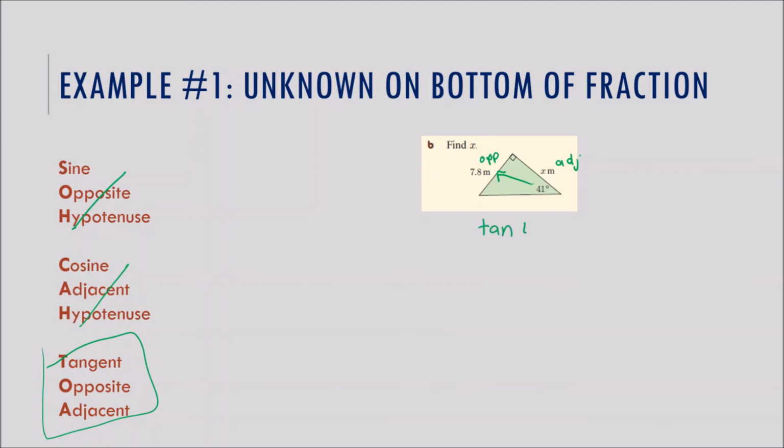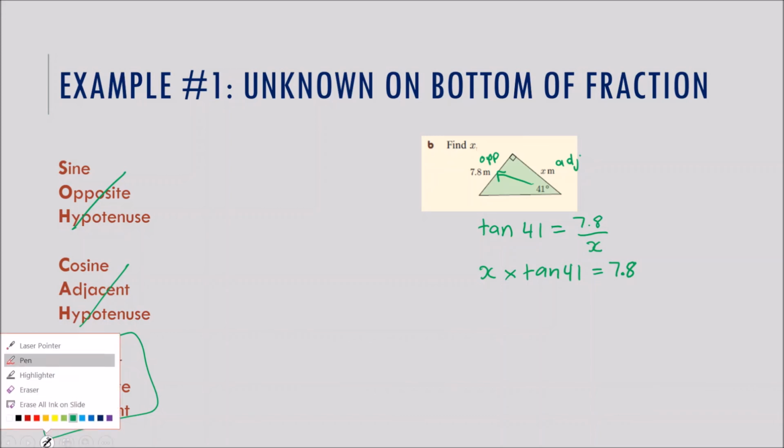So tan of 41 is equal to my opposite, which is 7.8, all over x. Now in the last problem, we had x on our numerator, whereas now x is on our denominator. So if I was to rearrange this, I could times x up here, so I would get x times by tan 41, and that's equal to 7.8. Alright, but I want x by itself.